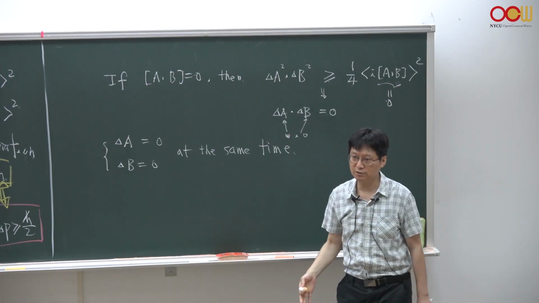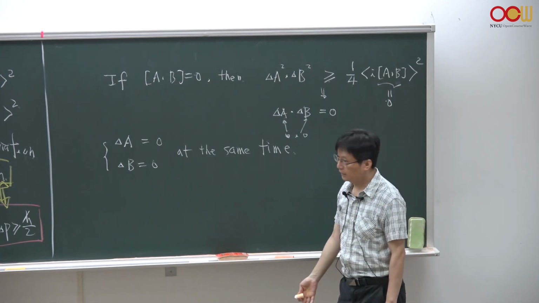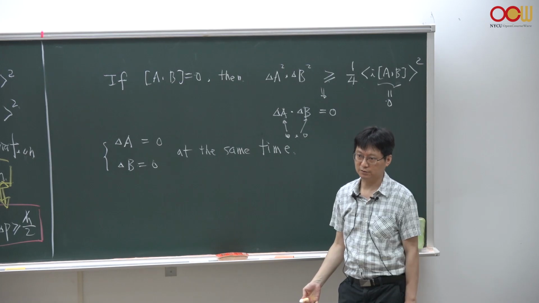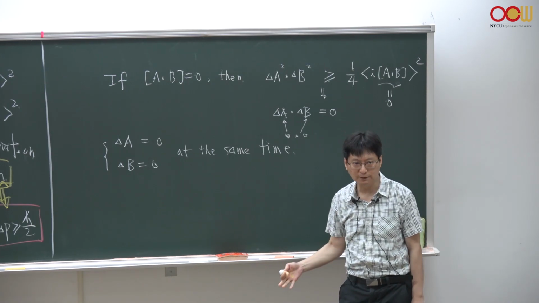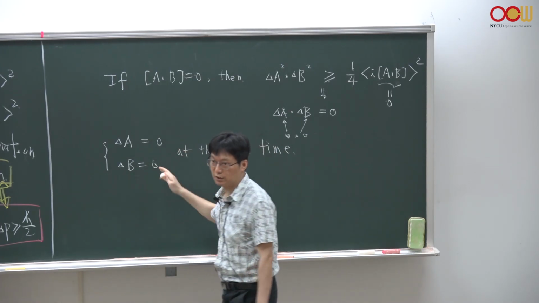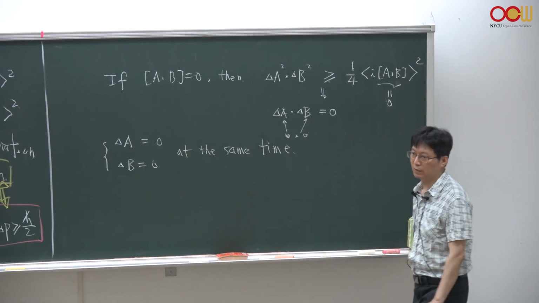So you can simultaneously determine the A measurement and the B measurement, and there is no such uncertainty relation between A and B. This is precisely because the A and B operators commute.